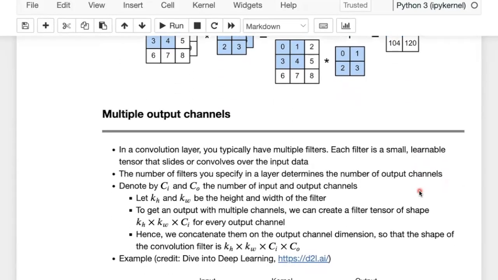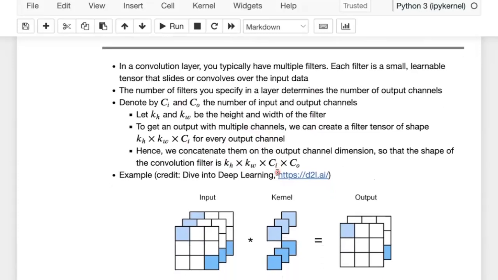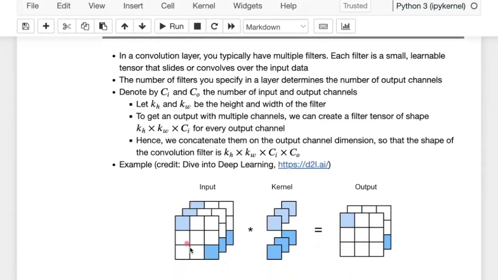You can actually control the number of channels in your output, and that's based on the number of filters that you have. So before talking about the math here, the way you can think about it is that if your input has three channels, each kernel must have three channels, and then you perform your operations as we just explained.